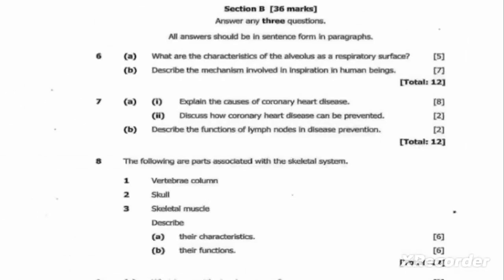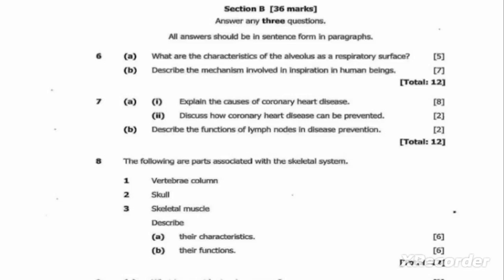The next question, which is question 8. The question reads, the following are parts associated with the skeletal system. Number 1, vertebral column. Number 2, skull. Number 3, skeletal muscle. Describe their characteristics and their functions.